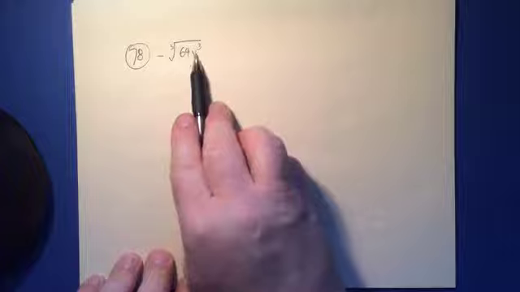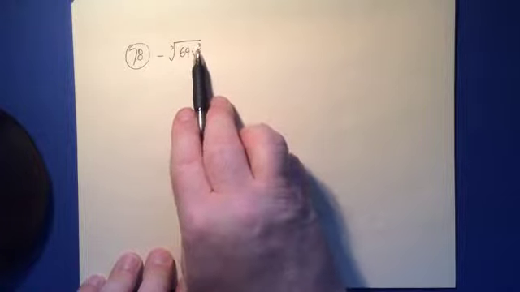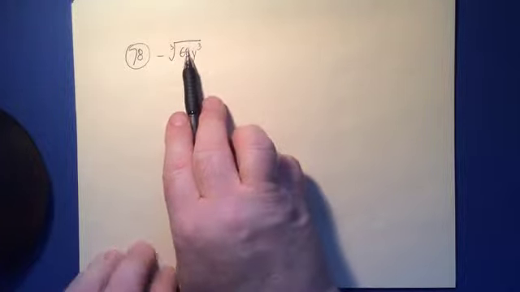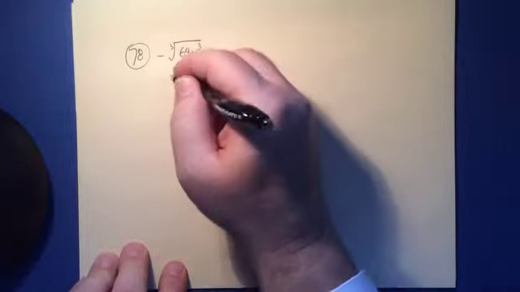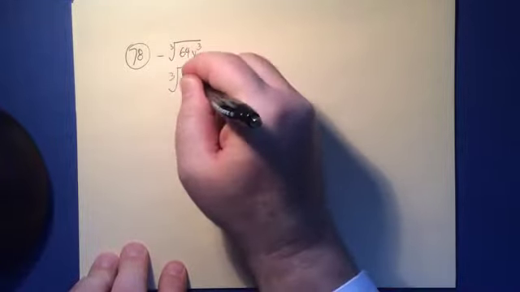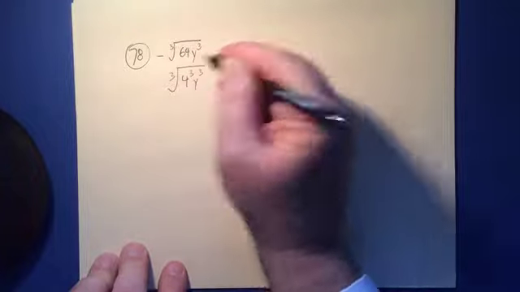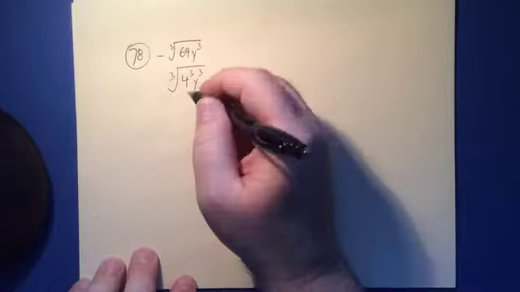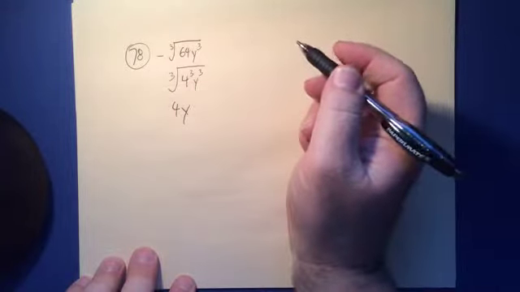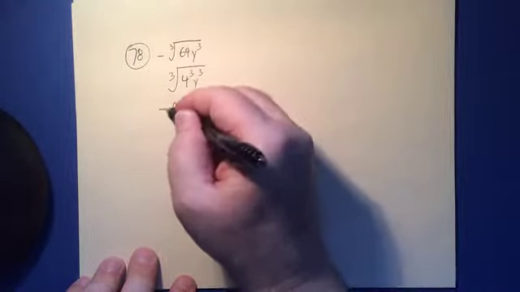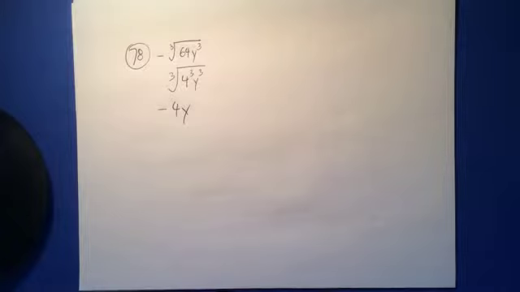Notice here, this 3 is only on the y. So the cube root of 64, I can rewrite this as 4 to the third times y to the third. These will all undo each other, giving us just 4y. But I still have to bring the negative down, and negative 4y is going to be my final answer for that problem.